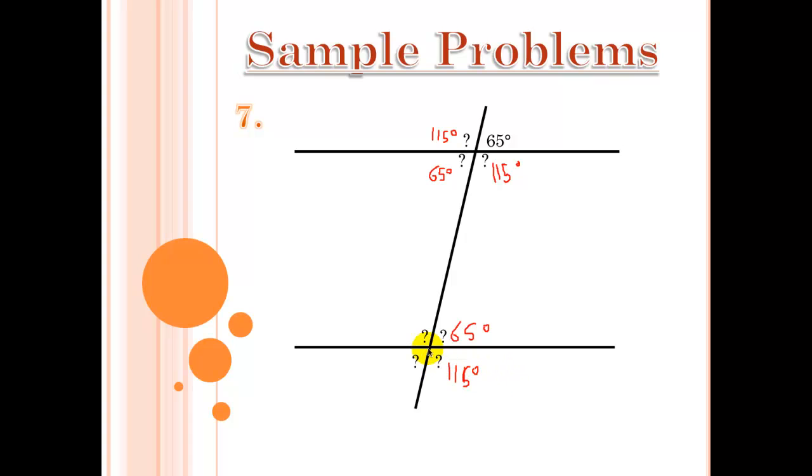And we will use the alternate angle theory to figure out this angle measurement. So in the Z pattern, these two interior angles are equal. So this angle is equal to this angle, which makes this angle 115 degrees. And now we will use the opposite angle theory to find this last angle measurement, which is 65 degrees.